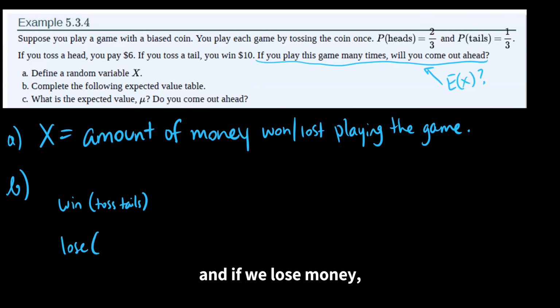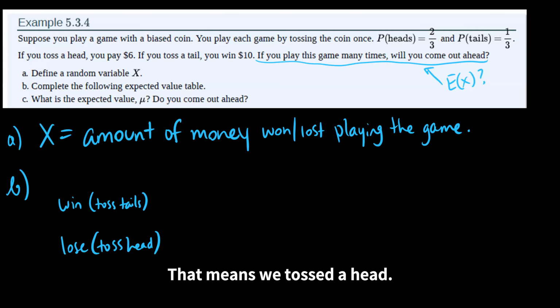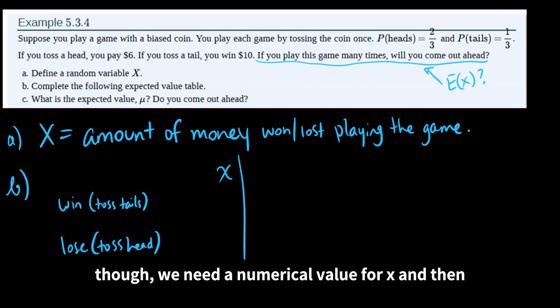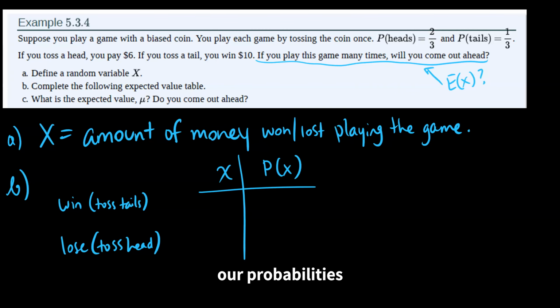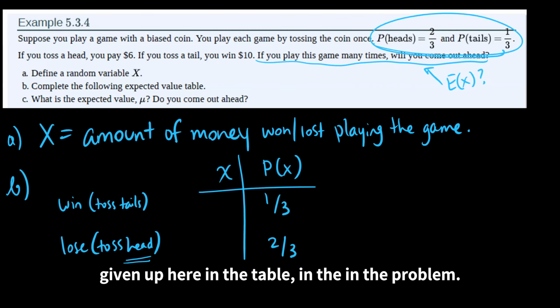And if we lose money, that means we tossed a head. Okay? So in creating our table, though, we need a numerical value for x and then our probability. So I'm going to fill in our probabilities because we know tossing a head is 2/3 and tossing a tail is 1/3. I know that given up here in the problem.